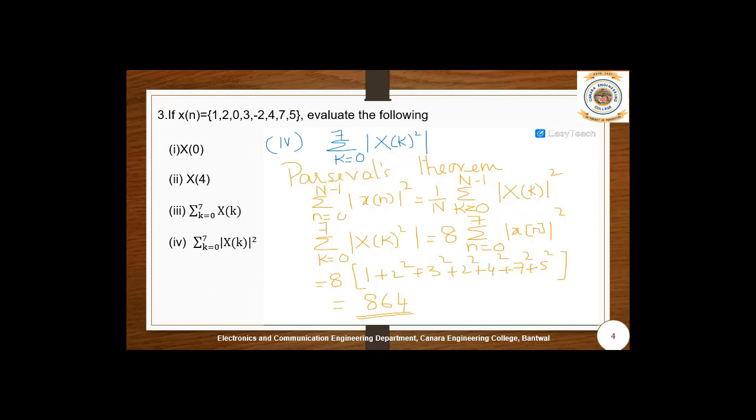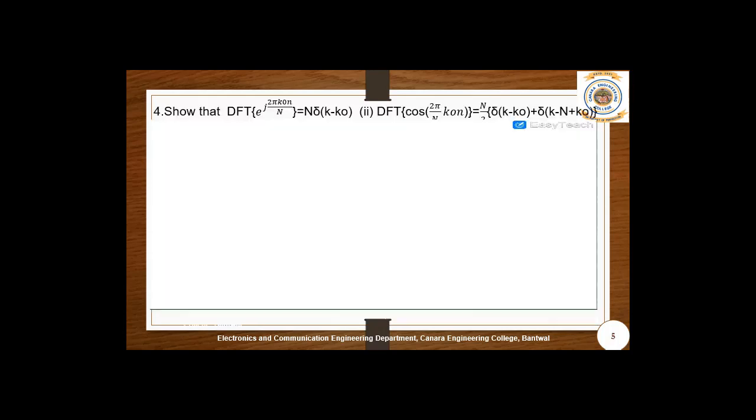Let us begin with the fourth problem of tutorial number 2, wherein we need to prove DFT of e to the power j 2 pi by n k naught n is equal to n delta of k minus k naught.